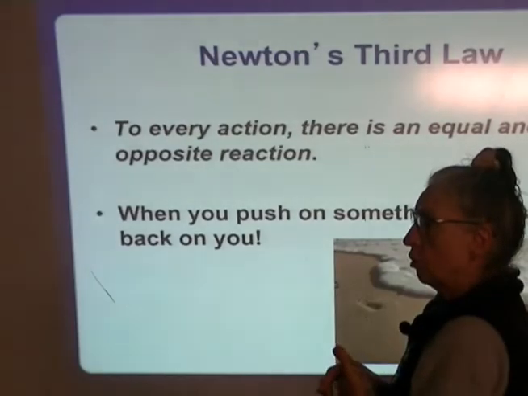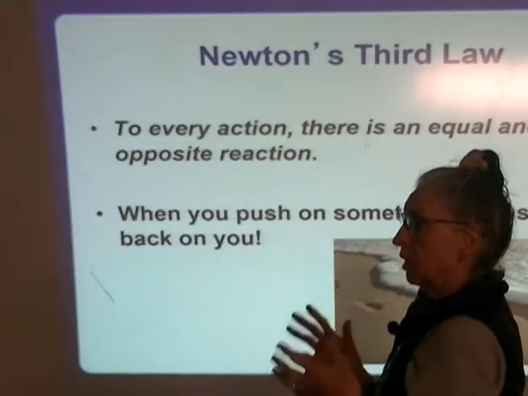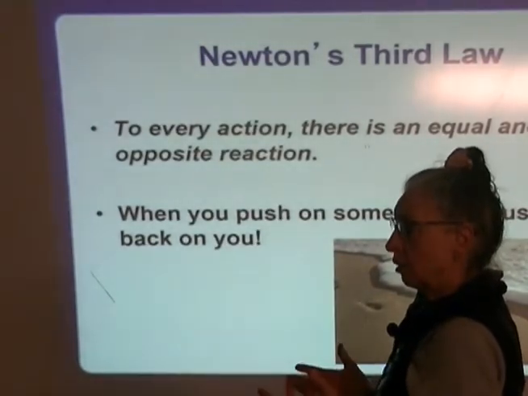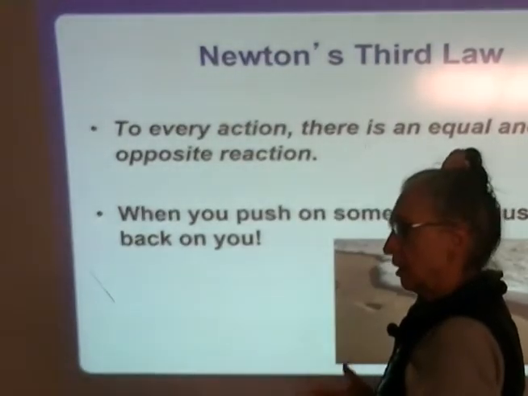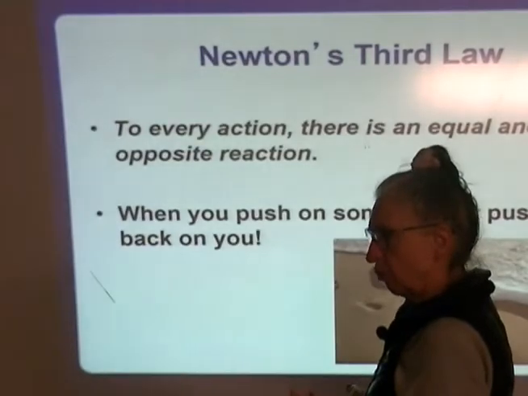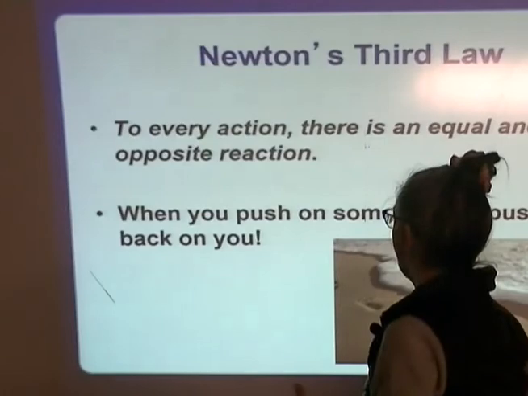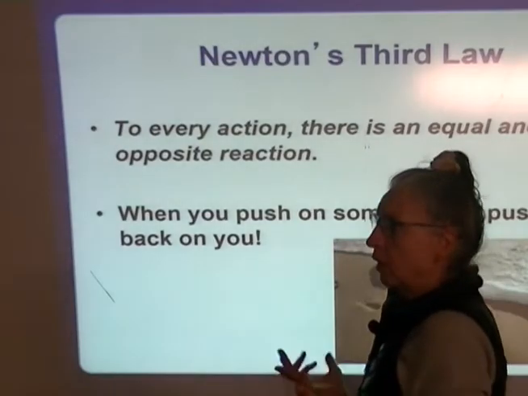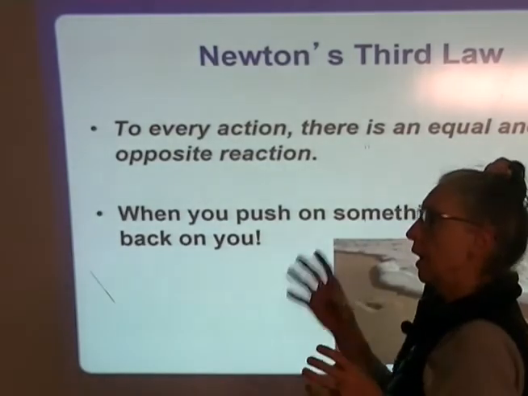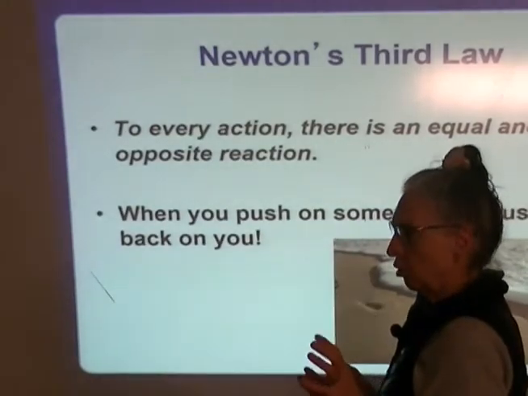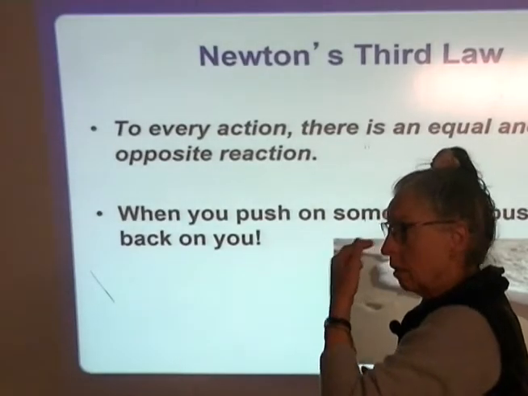The first law is that if an object is in motion, it will stay in motion unless it's acted upon by a force. If the object is stationary, it will stay stationary unless acted on by a force, right? That's the topic of the first law. The second law is to do with the relationship between force and mass and acceleration of the object. All right, so F equals ma.